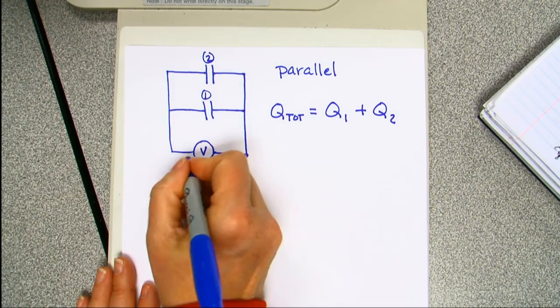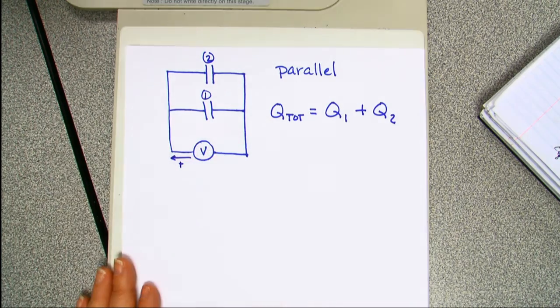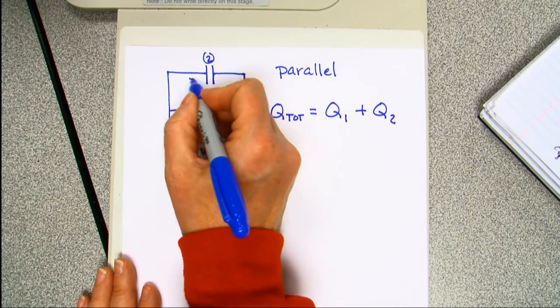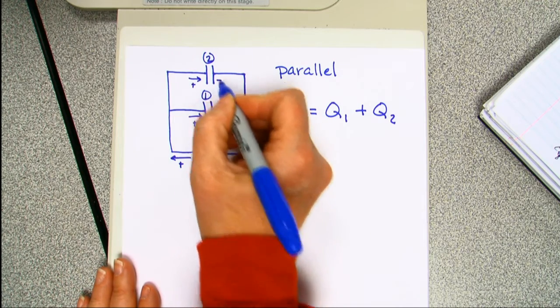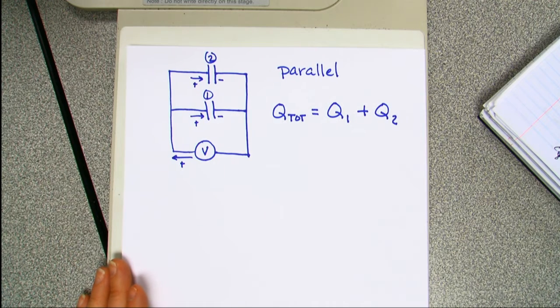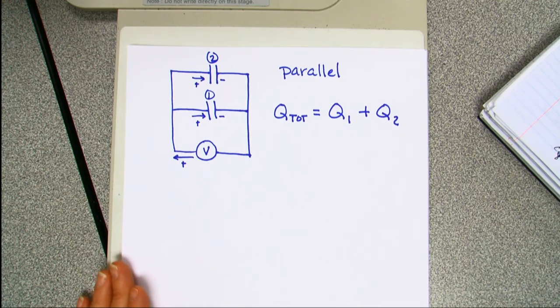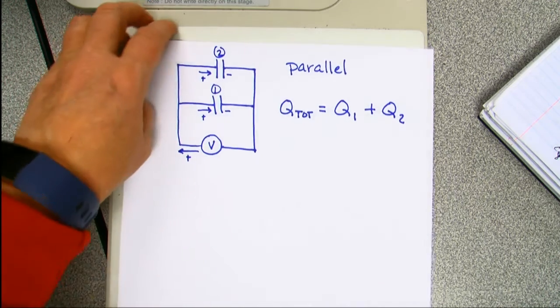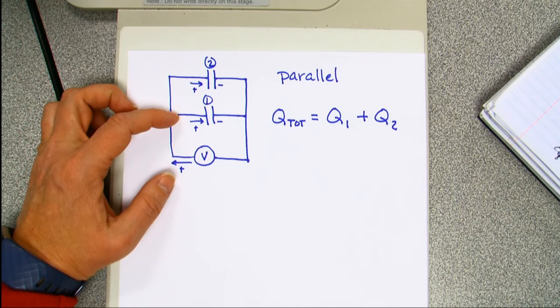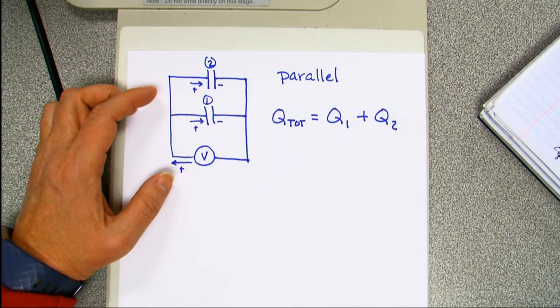And if I send the charge this way, because remember we talk about a positive charge, that means that this side is positive, this side is positive, this side is negative, that side is negative. We also talked about that there's going to be a little bit of a time delay, because it's going to take a little time for these capacitors to fill. So I'm going to get a little bit of charge delay.